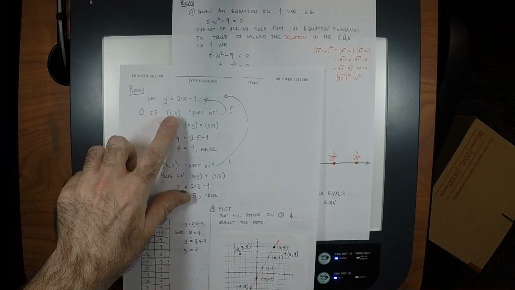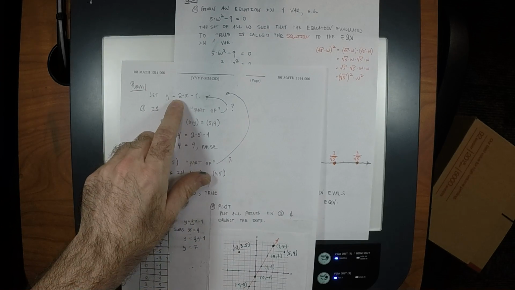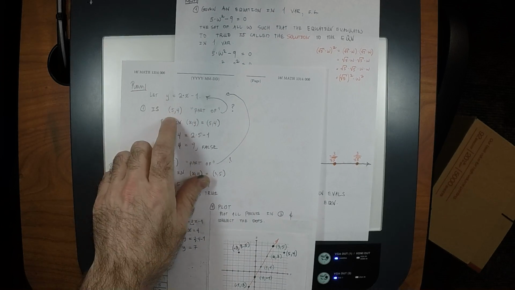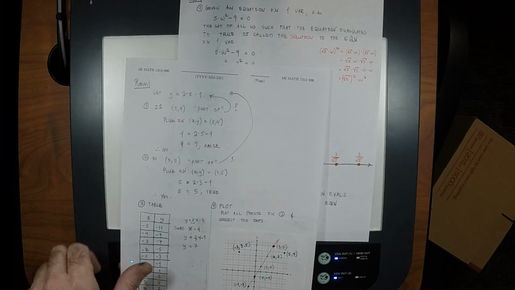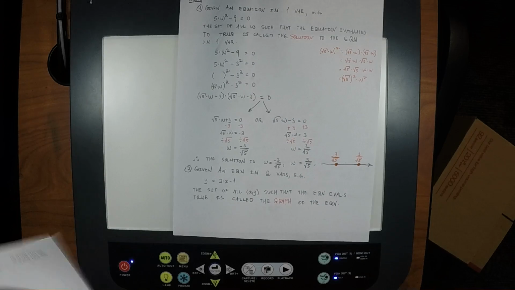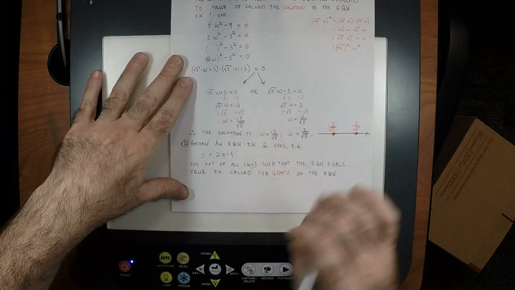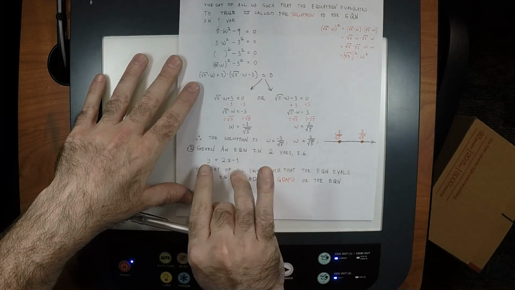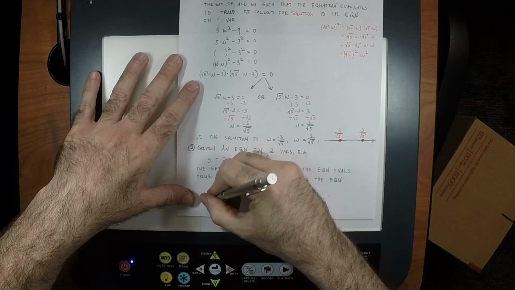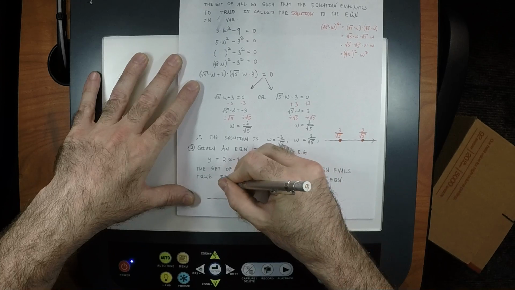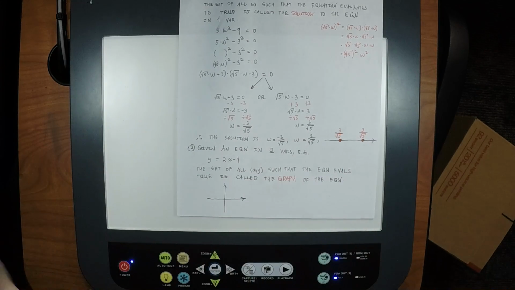So when I ask, is 5,4 part of that, the proper way to say that is, is 5,4 in the graph? That's the correct statement. Okay, now, if you were to plot all the points where this equation is true, then it looks like it did on the previous page. It looks like this.